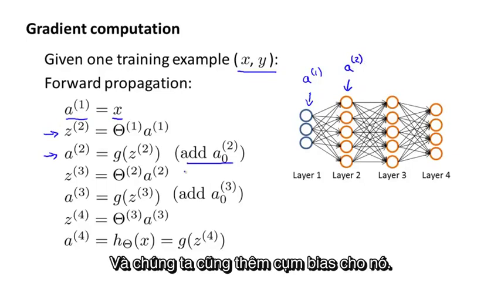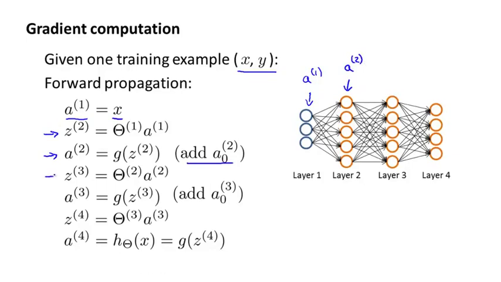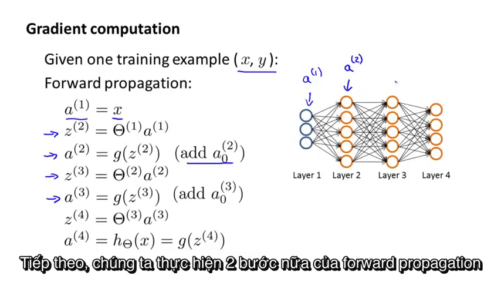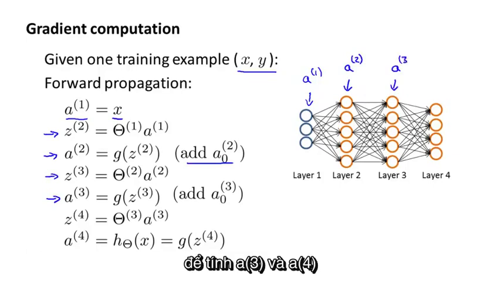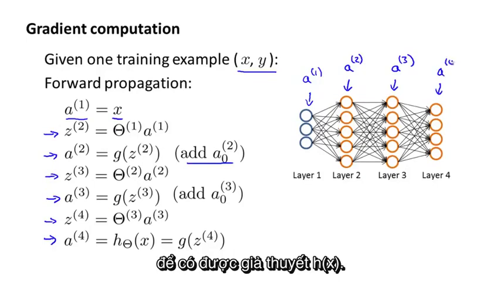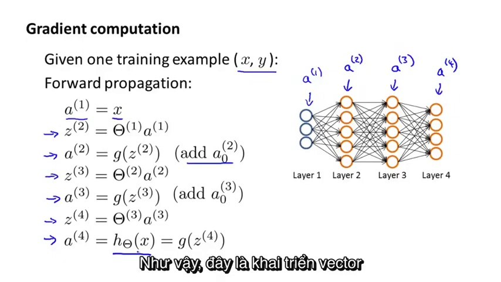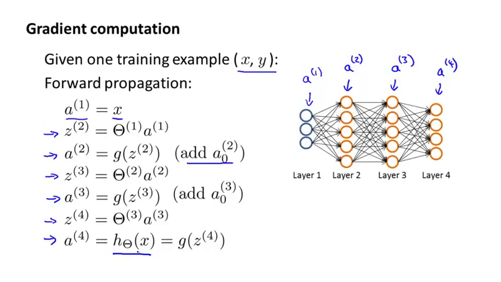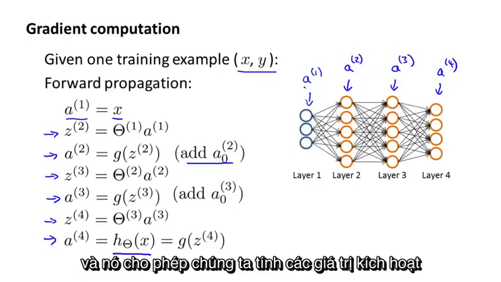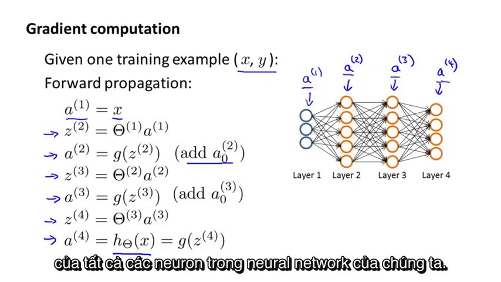We also add those bias terms. Next, we apply two more steps of forward propagation to compute a3 and a4, which is also the output of our hypothesis h of x. So this is our vectorized implementation of forward propagation, and it allows us to compute the activation values for all of the neurons in our neural network.